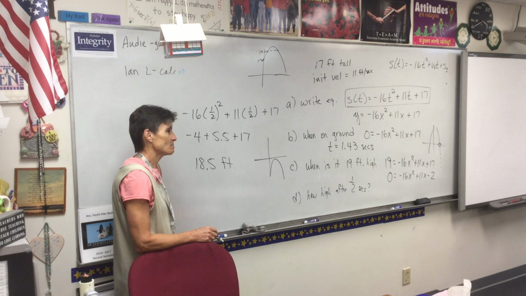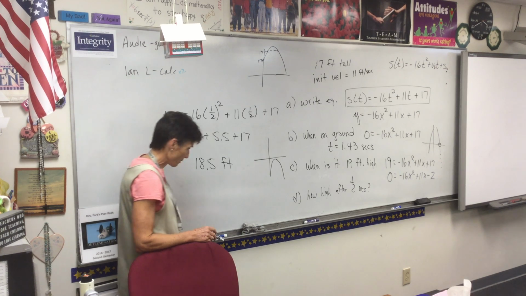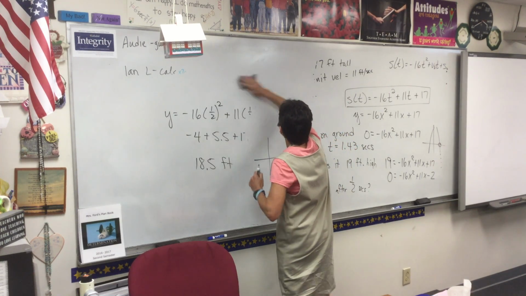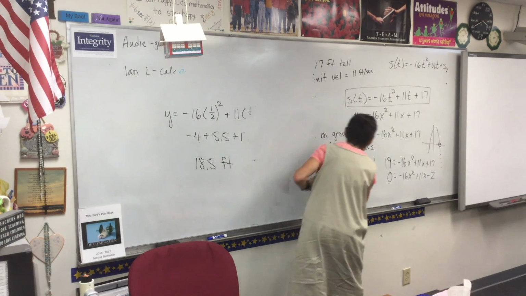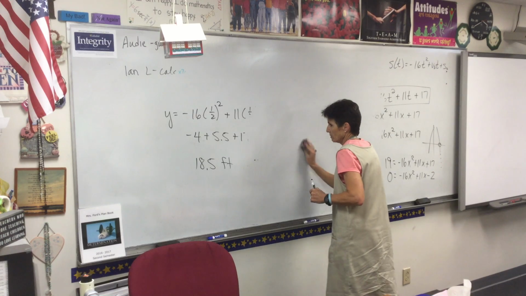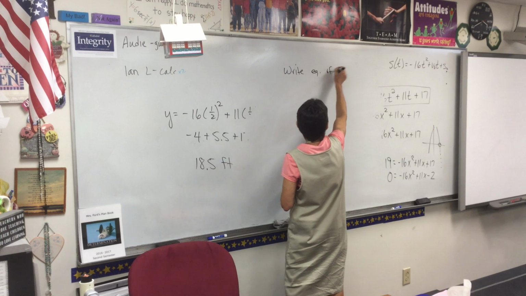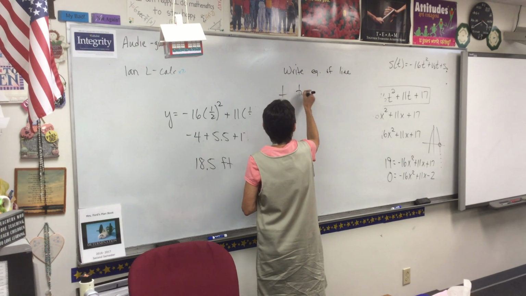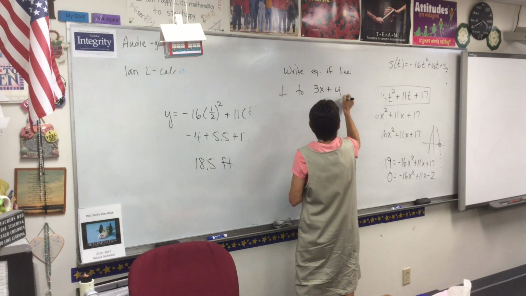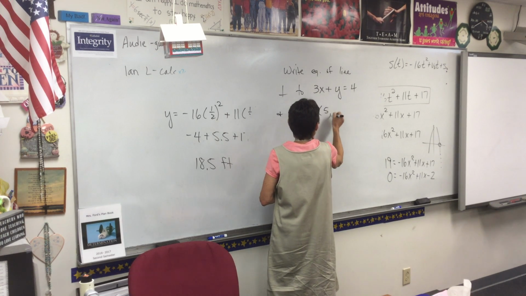All right, so what else? Yes, Miss Piper? You know how we have the parallels, there are perpendicular ones? Write the equation of a line perpendicular. So the question says, write the equation of the line perpendicular to 3x plus y equals 4 and containing the point (5, negative 2).